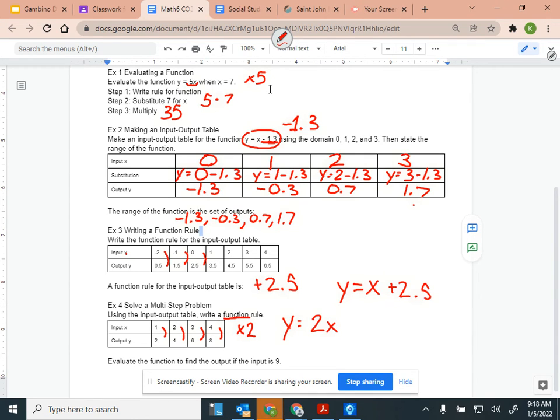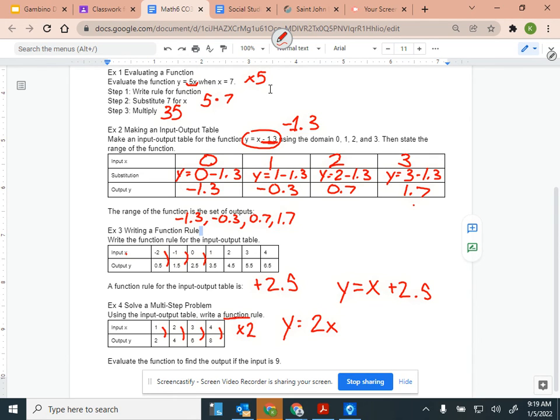So then we have to evaluate the function to find the output if the input is 9. We're not going to make our function table follow the pattern all the way up to 9. Can we solve it for just the input being 9? Who thinks they know what the answer is? Nick? 18. How did you get that?